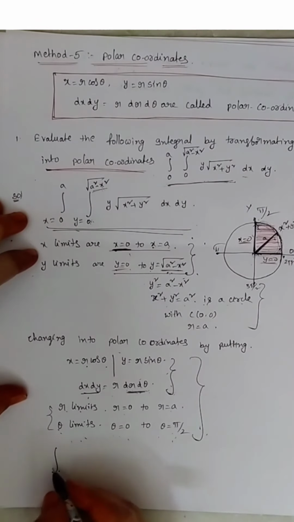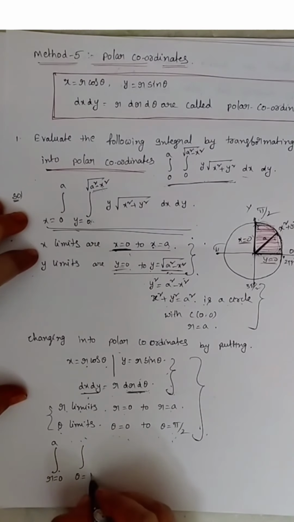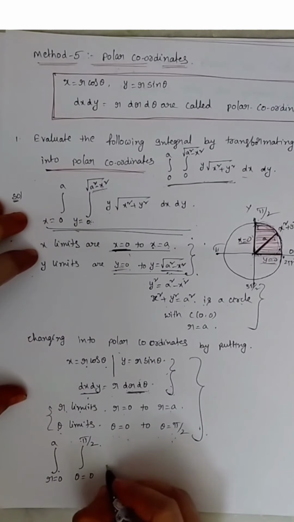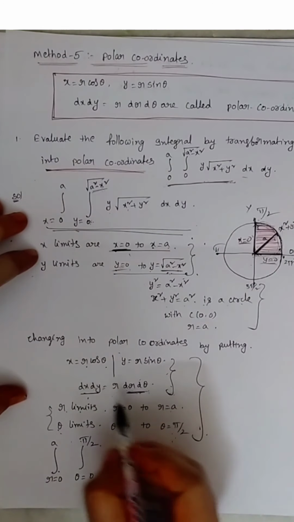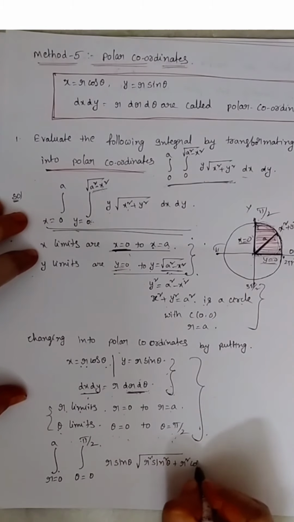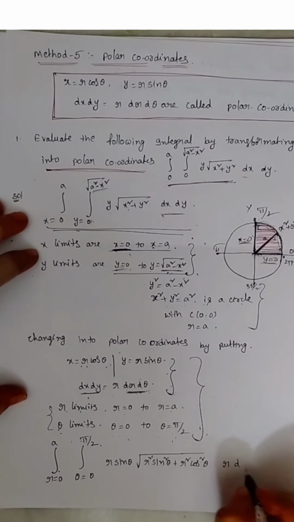Because both are constant limits, r equals 0 to a, theta equals 0 to pi by 2, and y means r sin theta into root of x square plus y square, where x equals r cos theta, so r square sin square theta plus r square cos square theta, and dx dy equals r dr d theta.